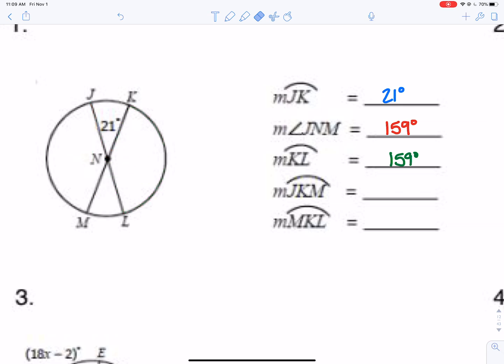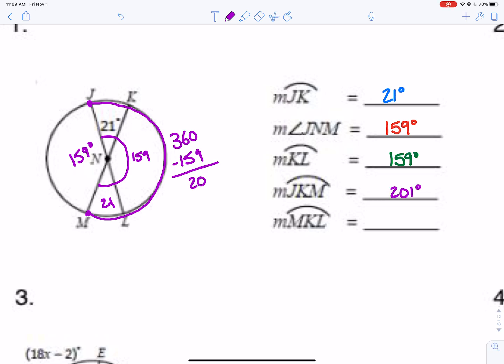If we know that the angle over here is 159 and we want to find JKM, we really need everything except for the 159. So you could do 360 minus 159, or the 21 plus the 159 plus the 21. So that would be 201 for our total.